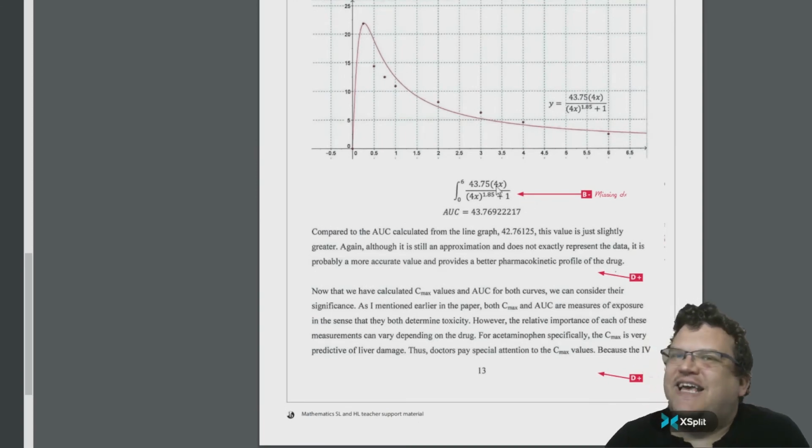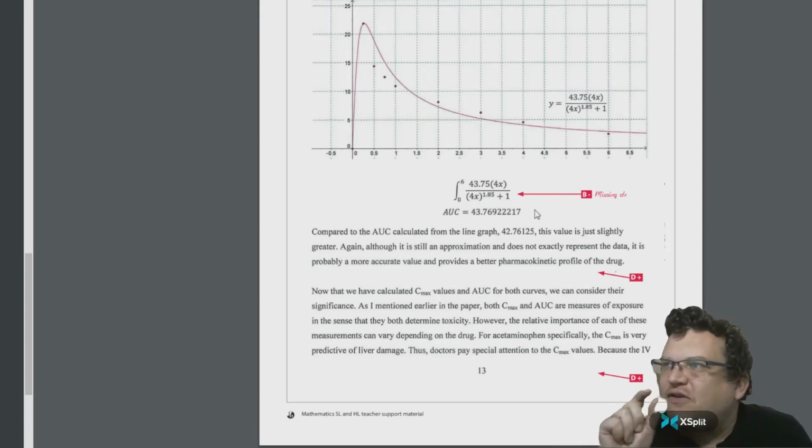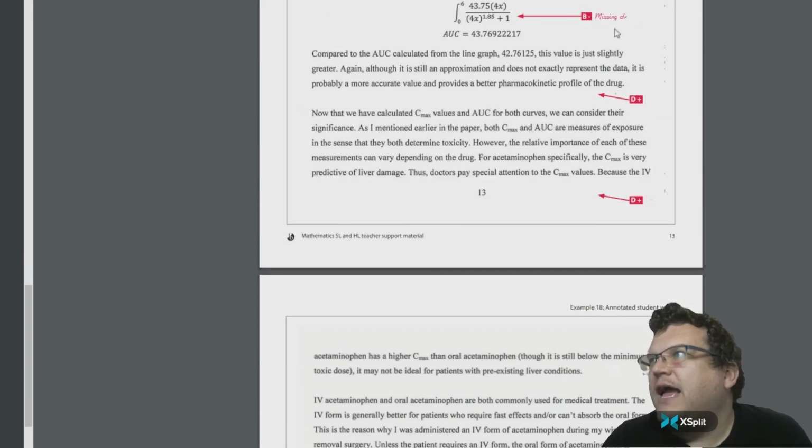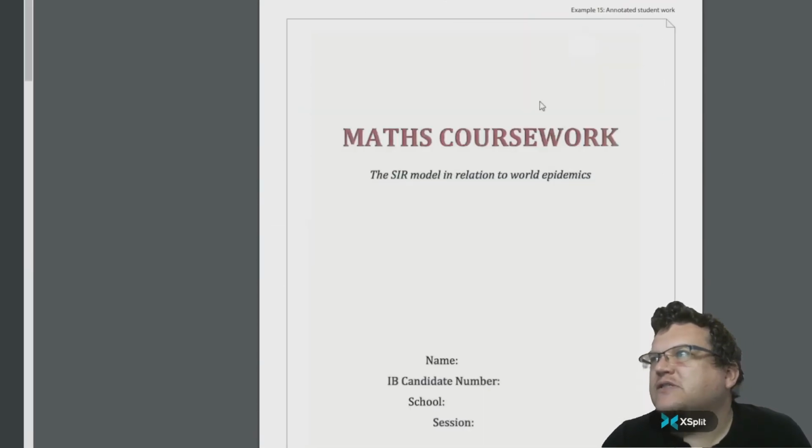There's that missing dx. So this IA is really, really good and scores top marks in A, but a few of those errors are just enough to cost them 1 point in Criterion B here, unfortunately. So that's that one, but overall a wonderful IA. We can see a slightly different thing here.